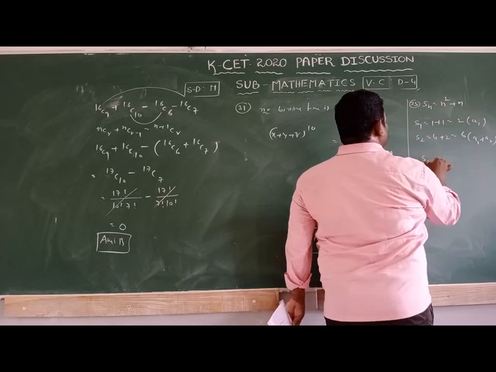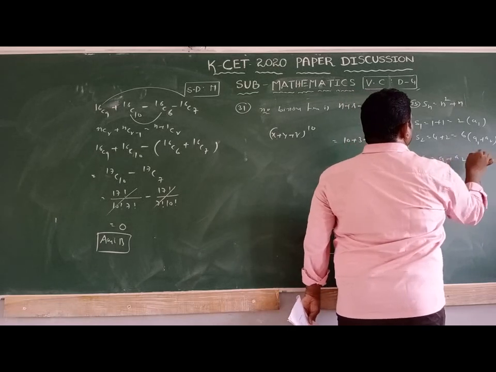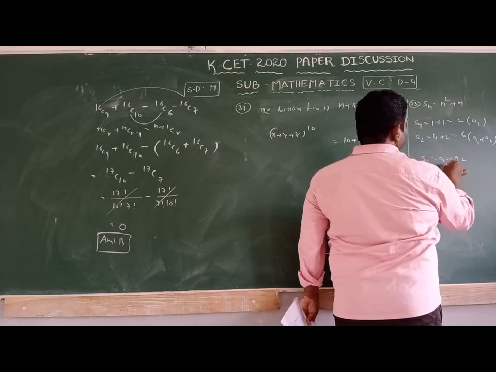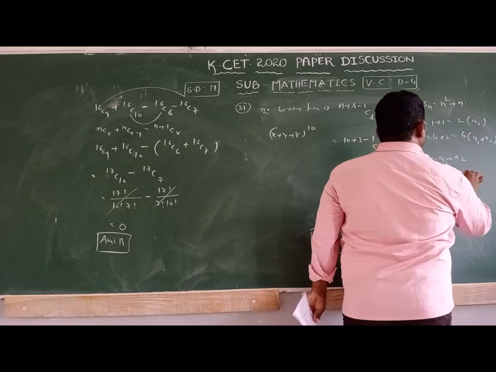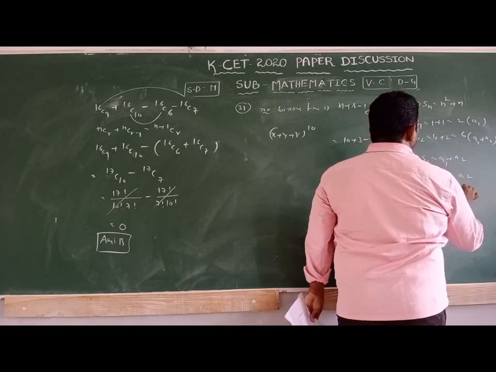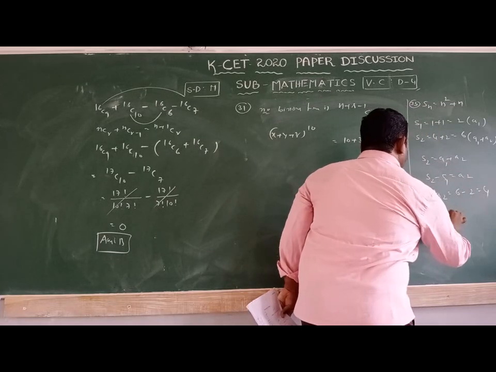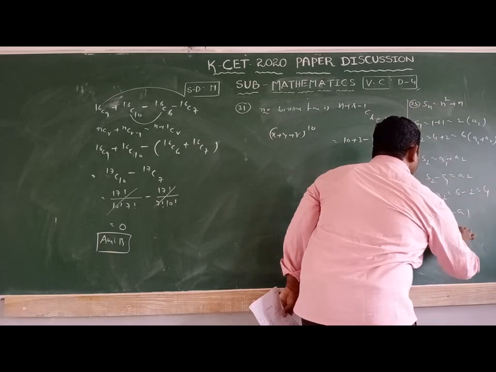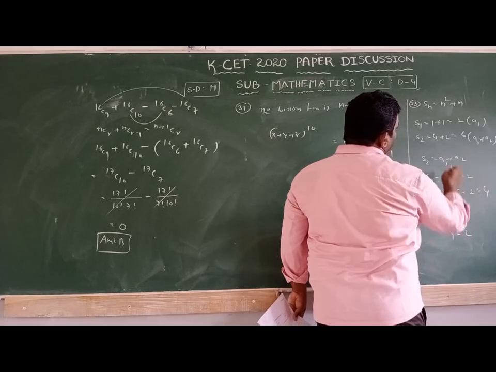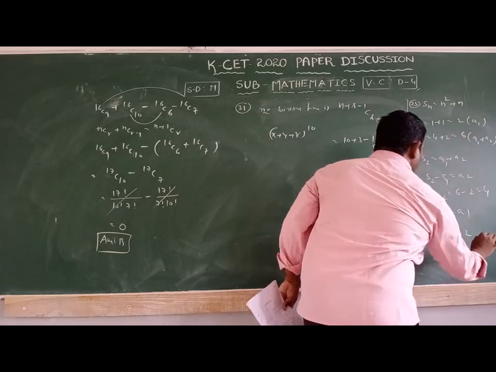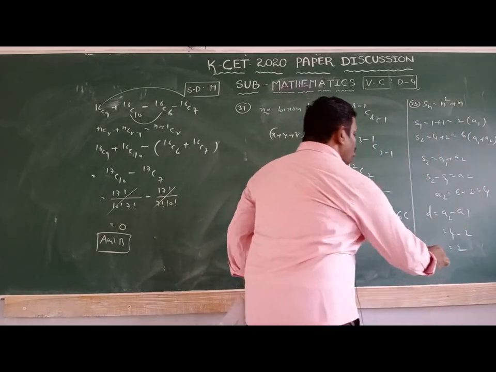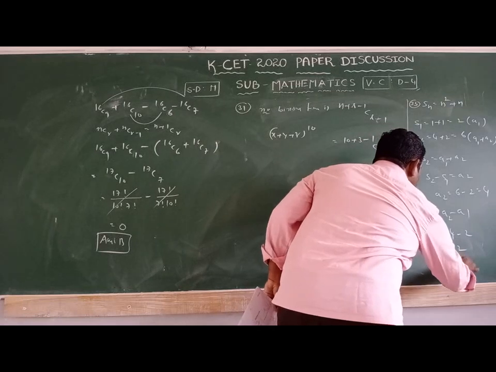So S2 is equal to A1 plus A2. S2 minus S1, if you remember, is equal to A2. Now A2 is equal to 6 minus 2, which is equal to 4. D is generally A2 minus A1. A2 is 4 and A1 is 2. So the common difference is 2. So option D. Answer is D.